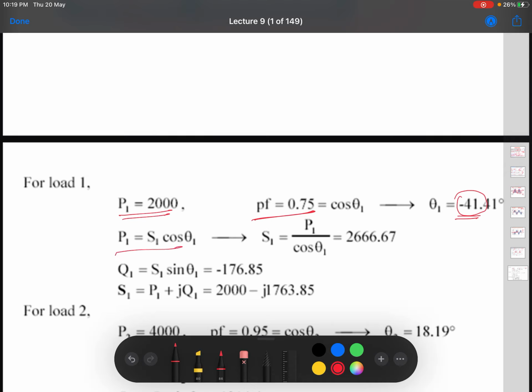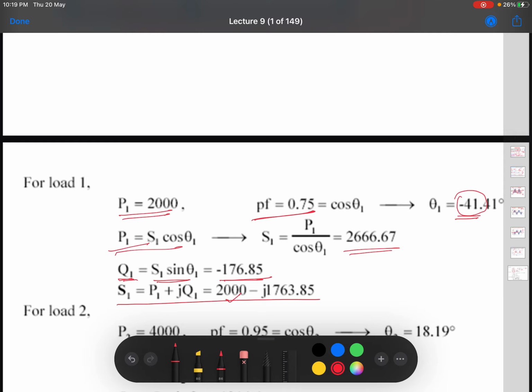So we can calculate the apparent power S for that particular load, and now you can also calculate Q, because you know theta, so P and Q can be calculated. Q comes out to be negative here because this is leading power factor, and therefore you can write S1 as P1 plus jQ1.